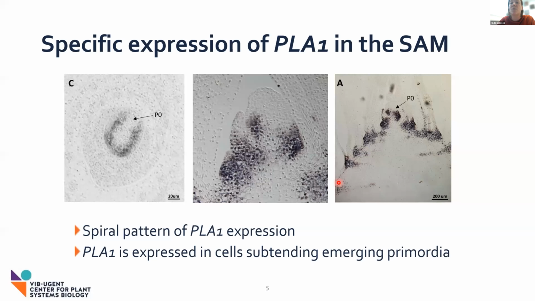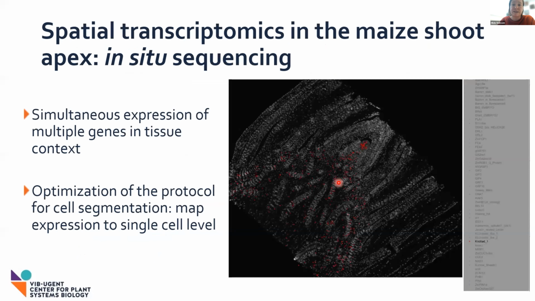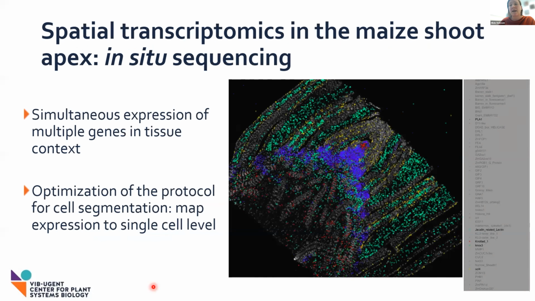And we wanted to know how the expression of plastochron 1 would correlate to known marker genes. Around that time, we got the opportunity to test in situ sequencing technology, which is a spatial transcriptomics technology that allows to visualize the expression of multiple genes simultaneously in the same tissue context.